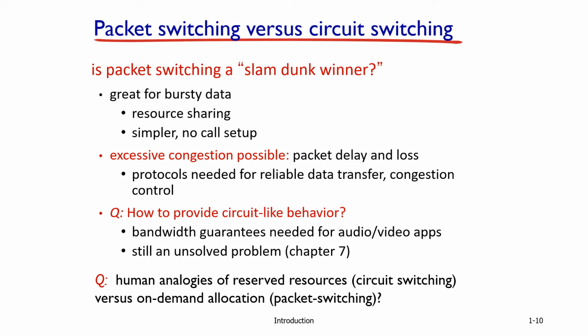How can we provide a circuit-like behavior with a packet switched network? One way of doing this is by allocating resources or bandwidth guarantees for individual applications such as audio and video applications. So if 10 people are sharing the same packet switched network, we can tell the routers within the network that if this is audio or video related network traffic, then it takes priority over any other form of traffic.